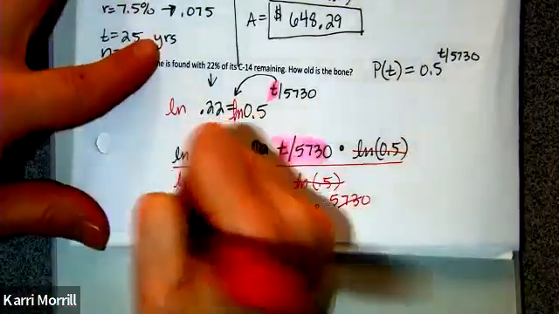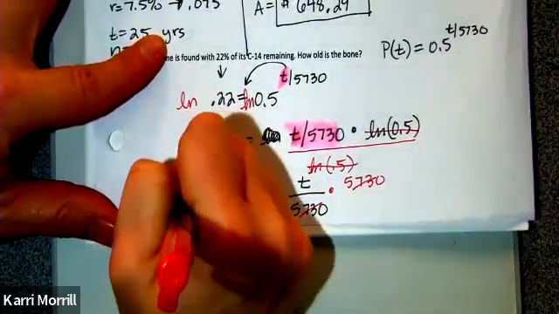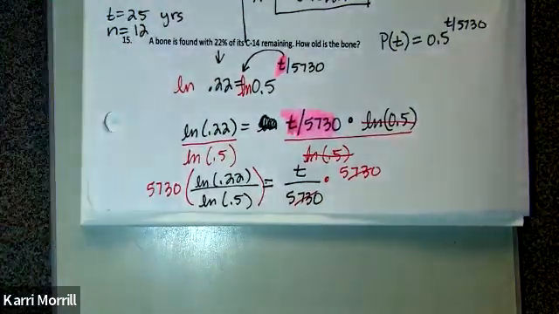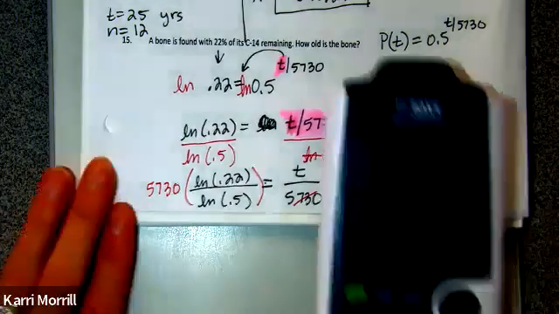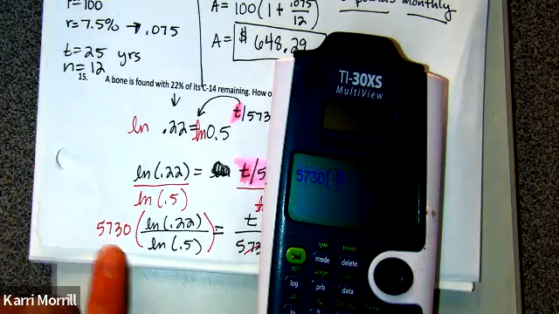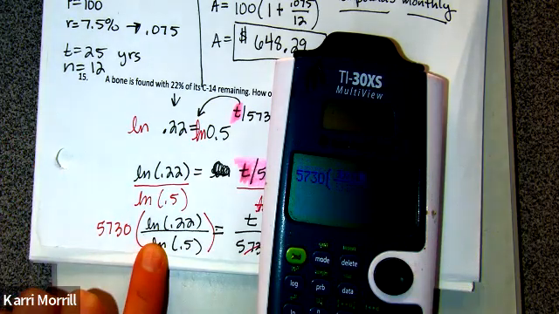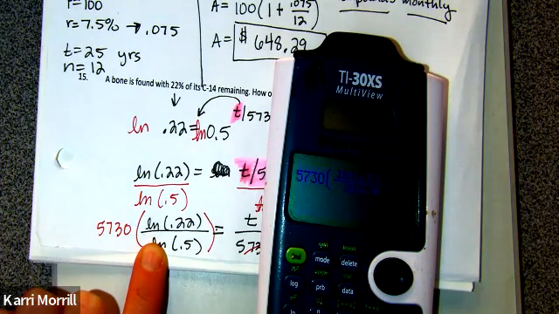So you're taking all of this times 5730 in your calculator. So let's do it, and then we're done. 5730 times the natural log of 0.22 over the natural log of 0.5.